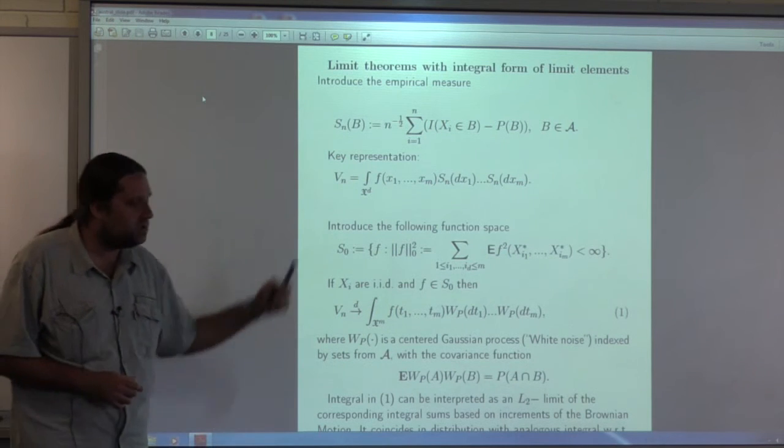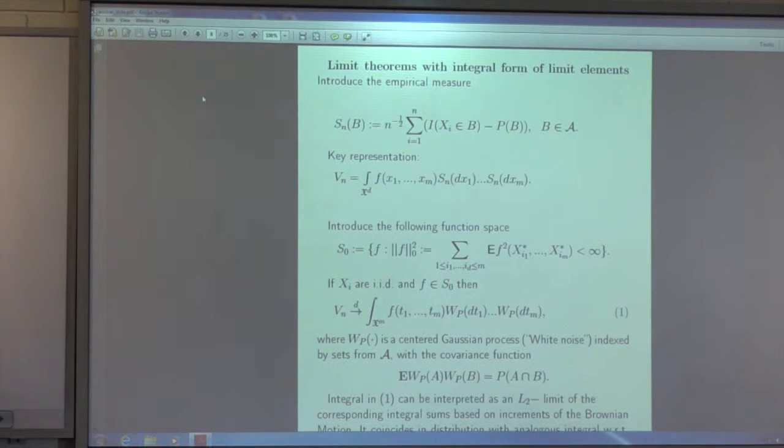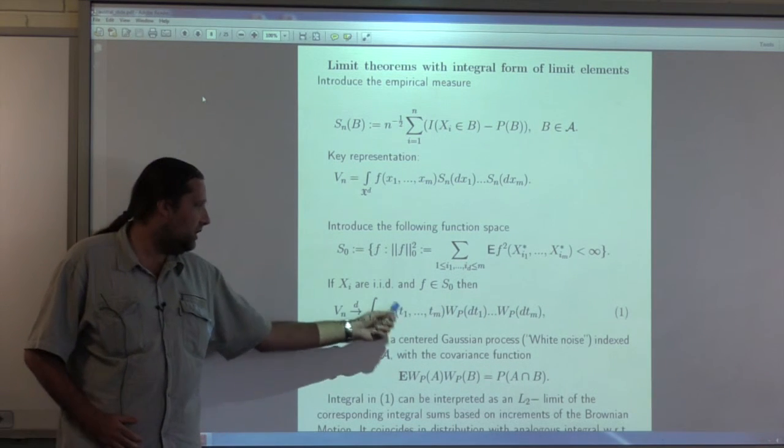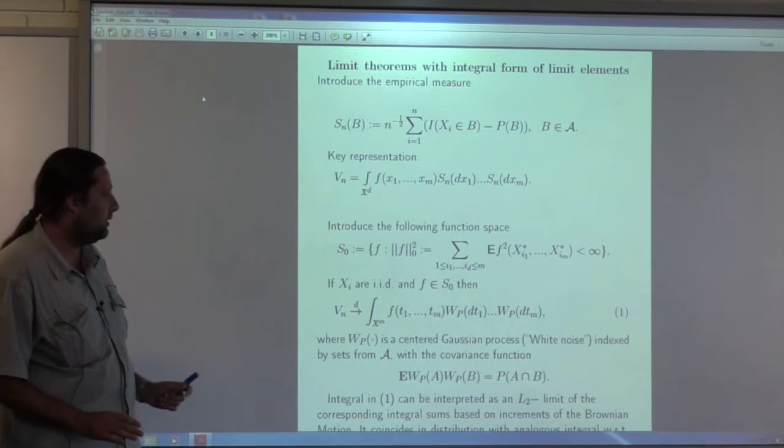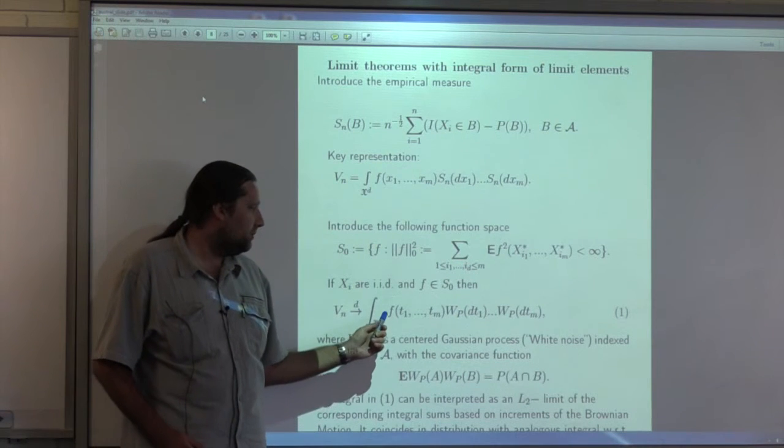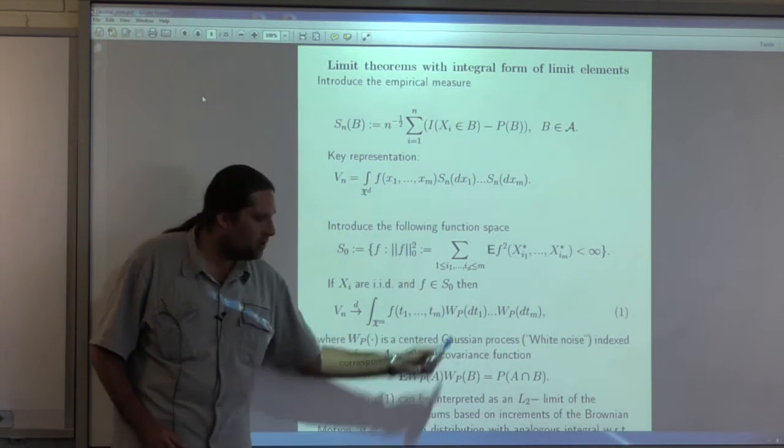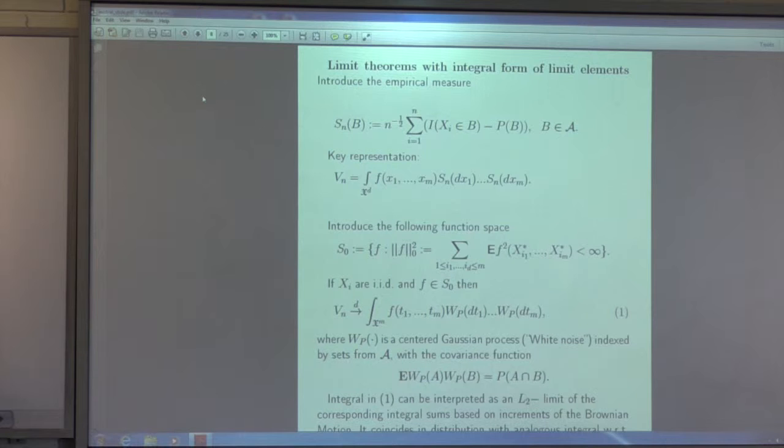And so this representation hints that we can have such an integral. Here f is a non-random function, and it's an m-variate stochastic integral with respect to Gaussian measure.